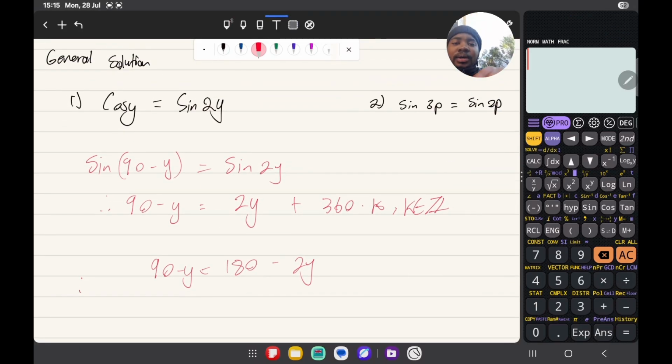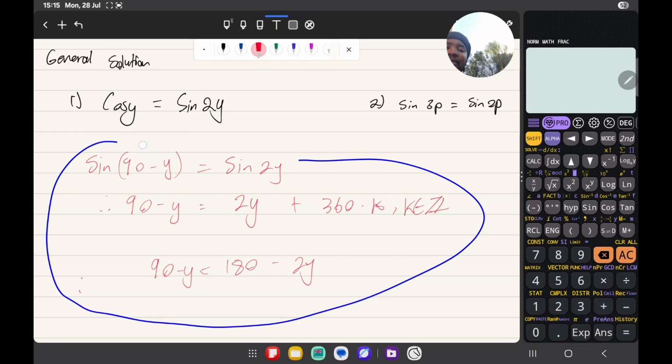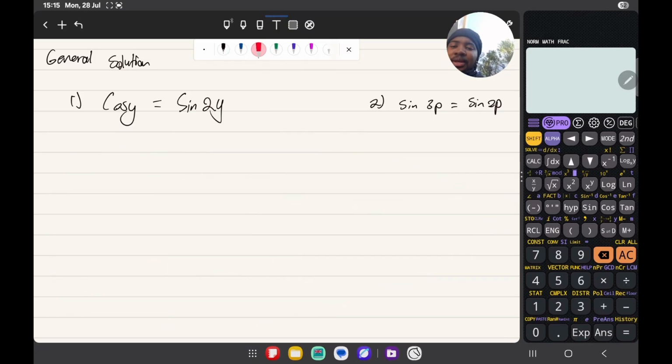And we can still have another person deciding to go with the one where you're like, okay, I'm gonna change this, so I have cos y equals cos of 90 minus 2y, right? And now you can drop the cos.